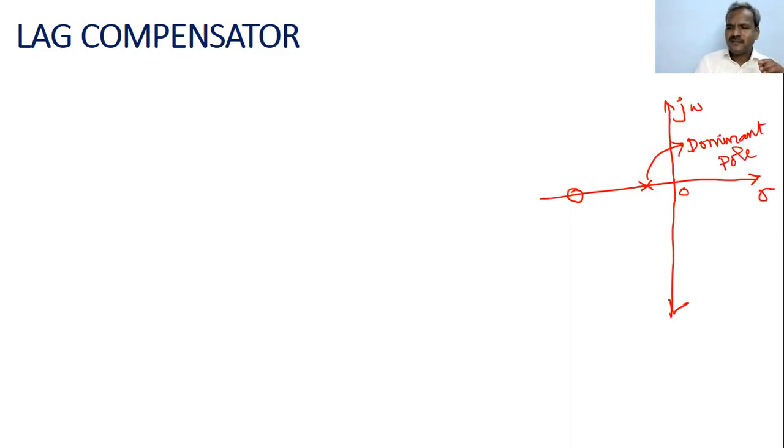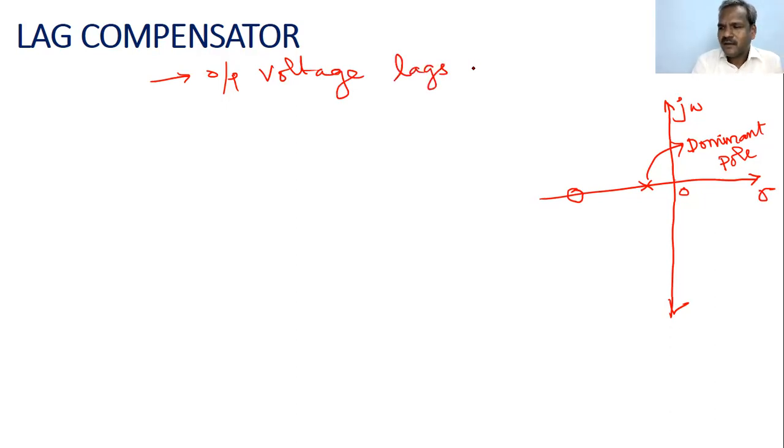The term lag means that the output voltage lags behind the input applied sinusoidal voltage. So what is lag? Here you see the sinusoidal output voltage lags the input voltage.